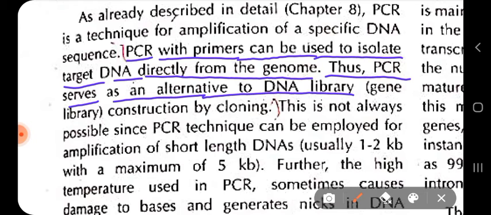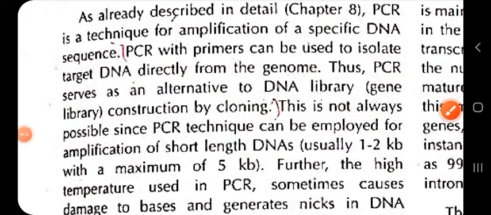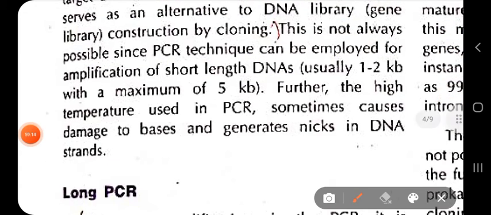Now this is not always possible because the PCR technique is employed for short lengths of DNA only. Nowadays, long PCR is being employed. Usually normal PCR is suitable for 1 to 2 kb, with a maximum of 5 kb.